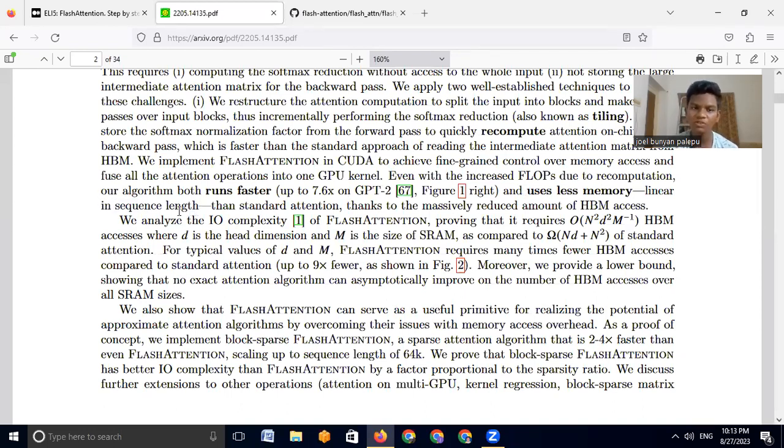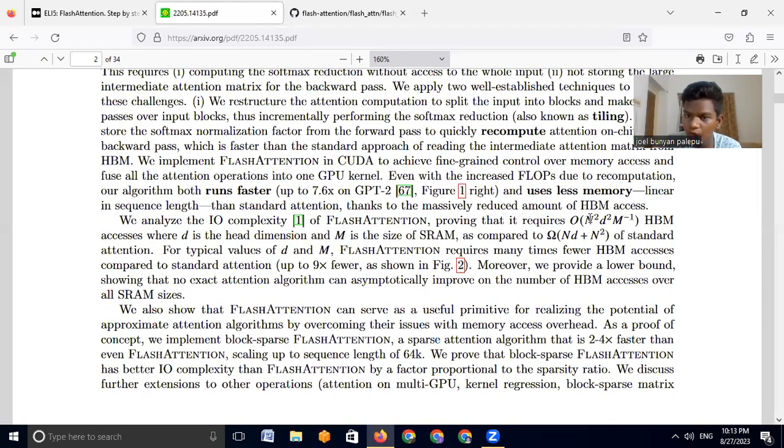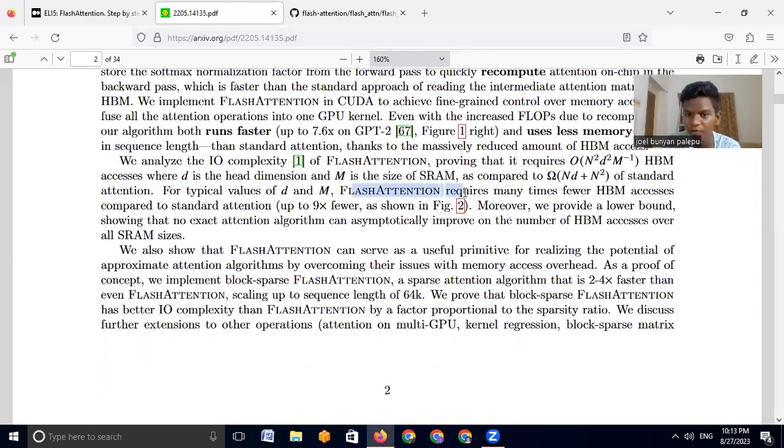So if the sequence length increases, the time also increases. So it is like big O notation. It just determines how fast an algorithm is based on the increase in the size of the input. So we analyze the IO complexity of flash attention, proving that it requires O of n squared d squared m minus 1. Okay, we'll just leave that for now.